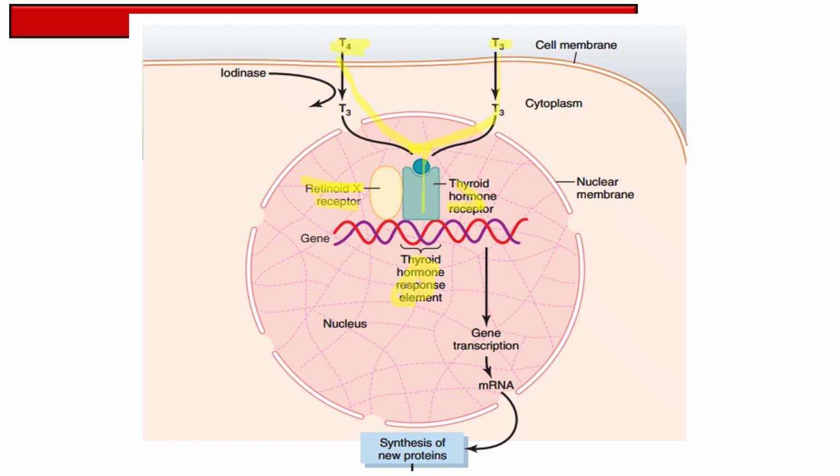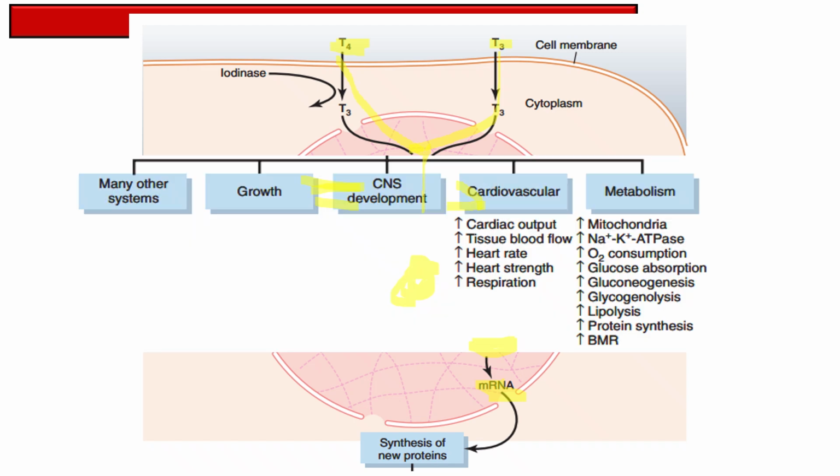This process forms messenger RNA, and this messenger RNA exits the nucleus and is used for synthesis of new protein in the cytoplasm. The newly synthesized proteins produce a wide range of effects throughout the body, including CNS development, essential for brain growth and maturation, and growth that stimulates overall body growth.